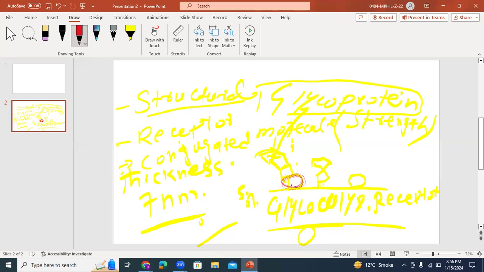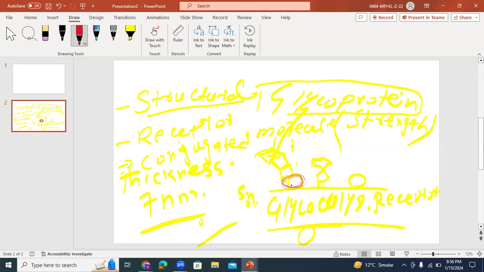We don't need enough detail about this topic. Another thing you must know is the functions. For the cell membrane, we have talked about how it is made up of two layers of lipids in which proteins and carbohydrates are embedded. This carbohydrate may be directly embedded or it may also be present on the protein.